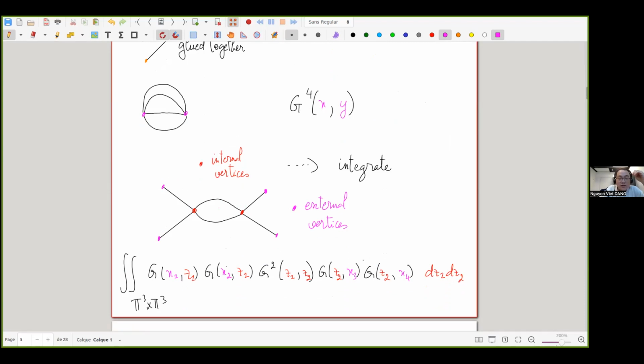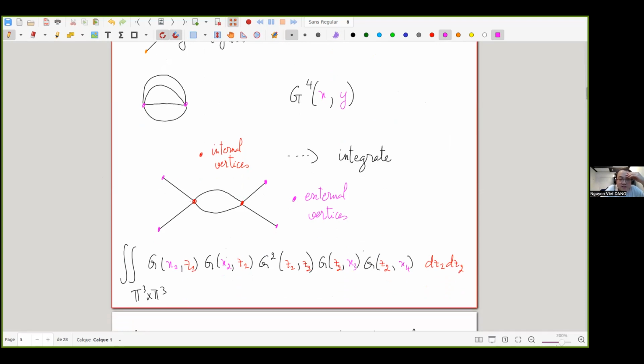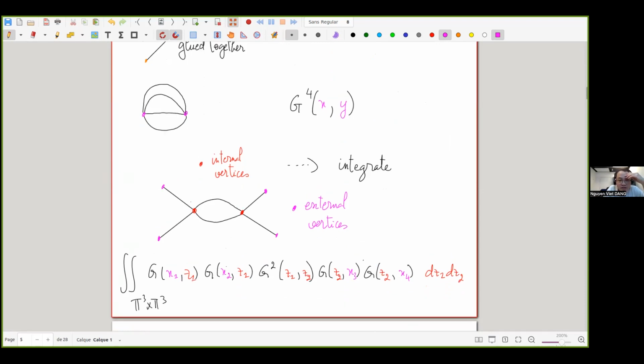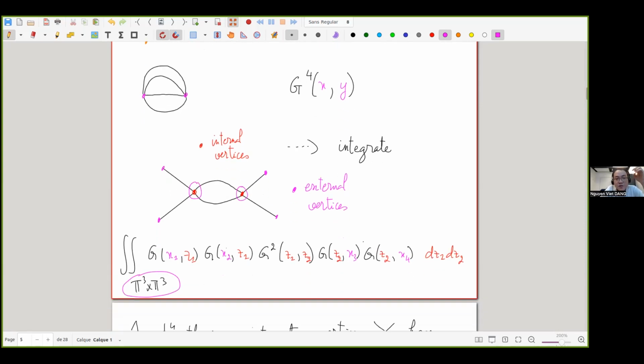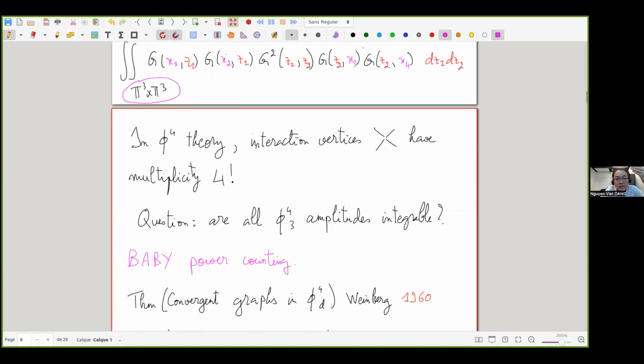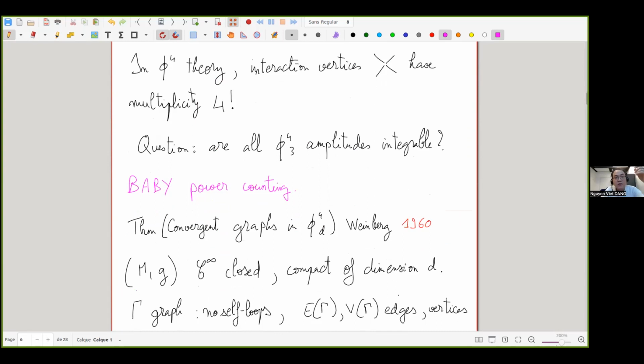You then need to integrate the variables corresponding to the internal vertices. This graph has 2 internal vertices in red, so you have to integrate this formal product of Green functions over 2 copies of your 3-torus.